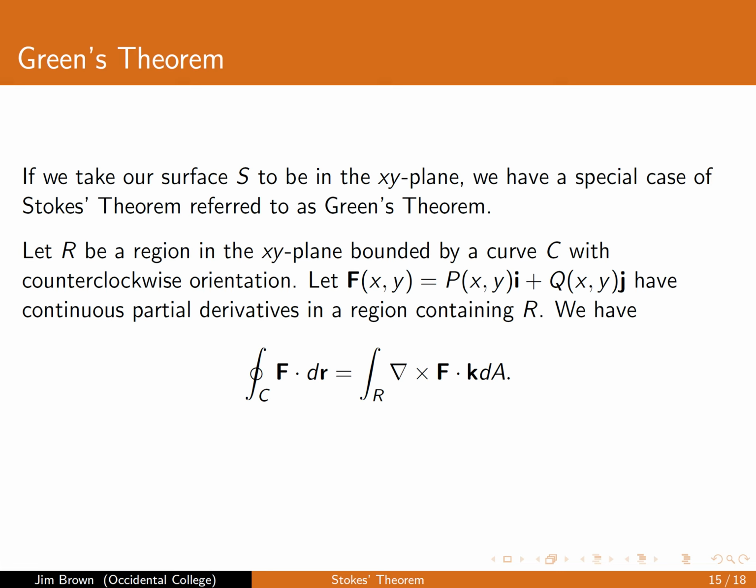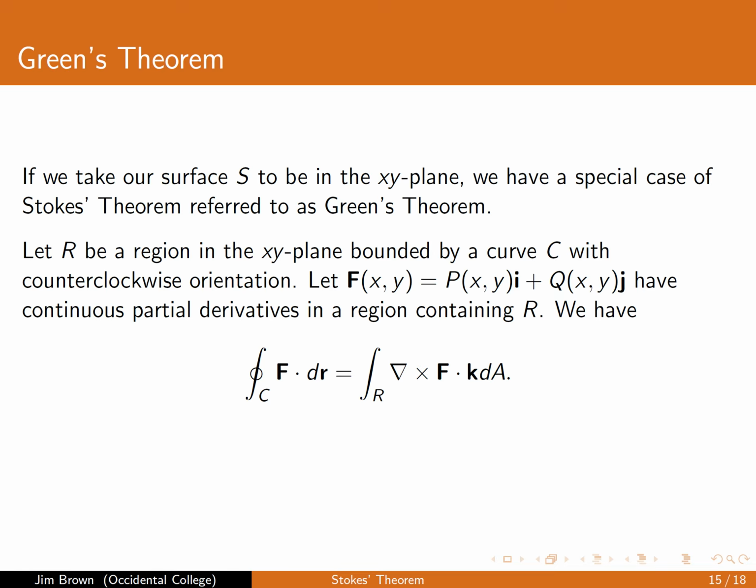And if we have this, then since we gave our curve counterclockwise orientation in the xy plane, if we curl our fingers, that tells us our normal vector would be k. And since it's in the xy plane, it's k everywhere, it doesn't vary. So this is exactly the formula we had before, just simplified a little bit because we're in the xy plane.